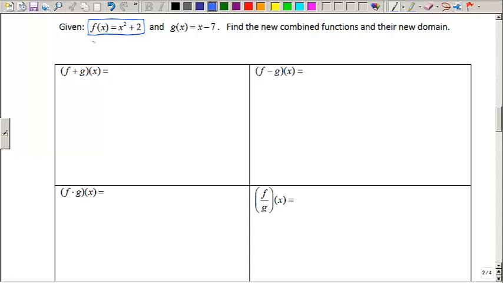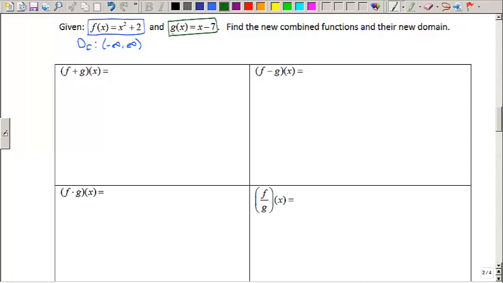I would like to know the original domain of f, so that when I add, subtract, or divide, whatever combining I'm going to be doing, I take into consideration the values that are excluded from the original function f. Well, the function f doesn't have any even roots, nor does it have any rational functions, so therefore my domain is going to be negative infinity to infinity for the blue f function.